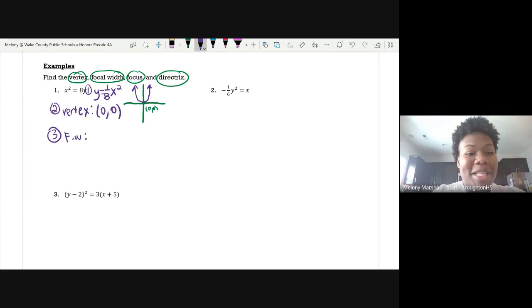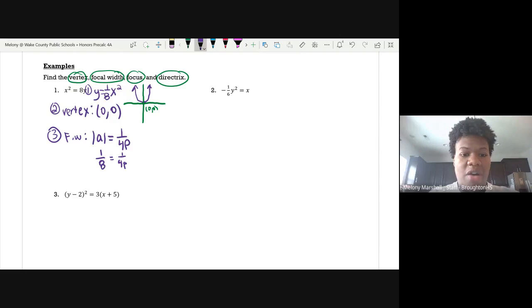Anyways, so the formula that Ms. Willis gave us was that we're going to have the absolute value of A equals 1/4P. All right, now that we have solved for y, single variable by itself, we know that A is 1/8. If it was a negative 1/8, A would still be 1/8 because we want the absolute value. And that equals 1/4P.